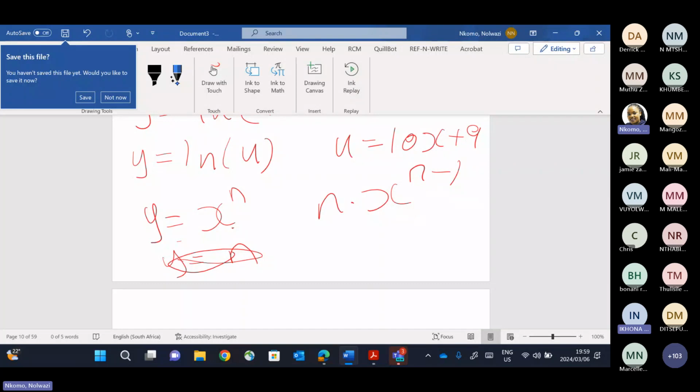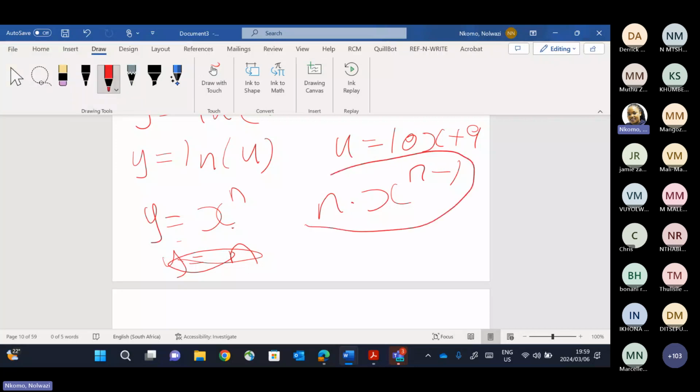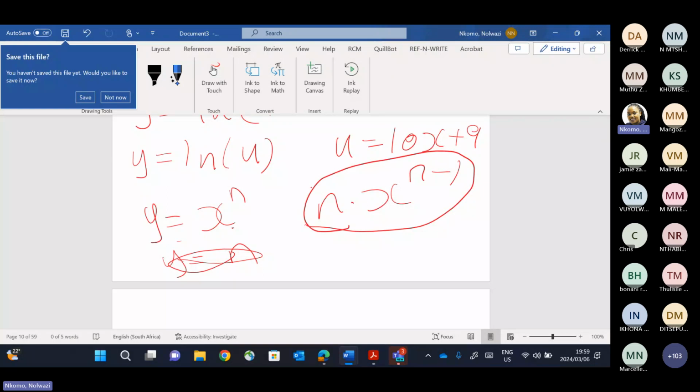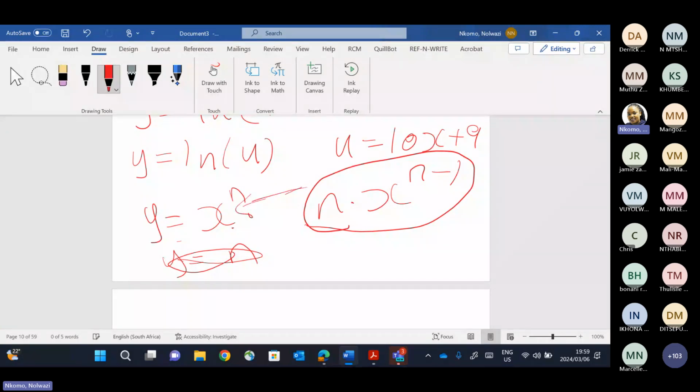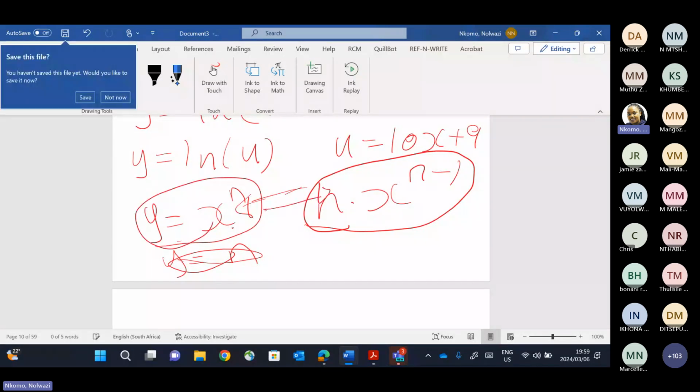I was saying that the inverse of this, that's where you'll be given this function and you will be asked to go back to this function, right? Here we are given this function, we are going here. Then the next section is the application.